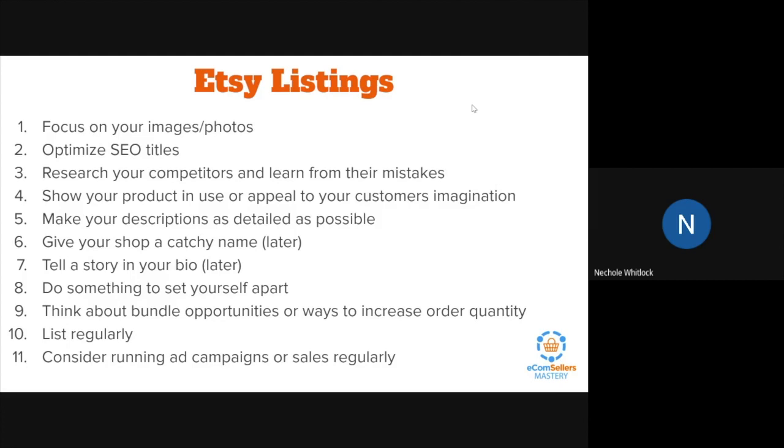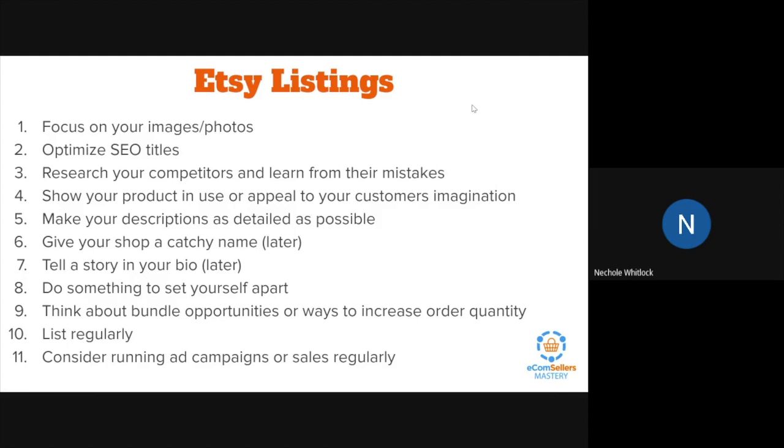The algorithm likes new listings, and the algorithm loves campaigns or sales. So those people that get consistent sales in their stores over time, the reason that they're doing that is because they're either creating consistent listings and or they're offering a consistent sale every single time.